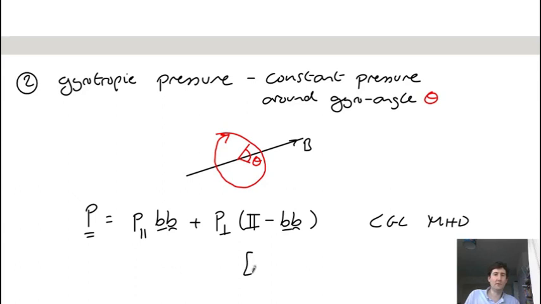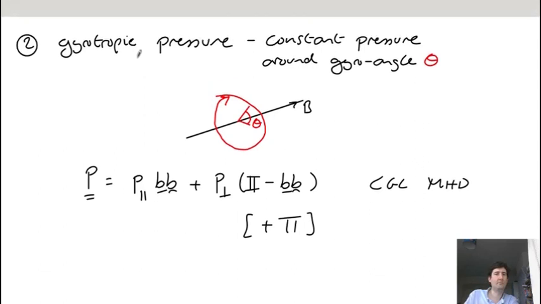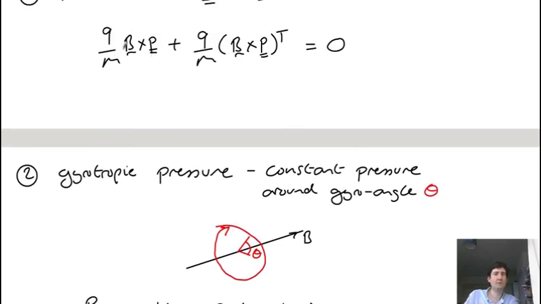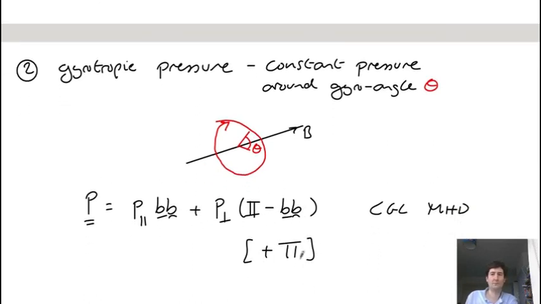There may also be a small correction, a stress tensor. If there is some variation, this can lead to a stress tensor. But in general, this is the way of making this term go to zero: a pressure which is constant around the gyro angle, and then you can obviously have small corrections.